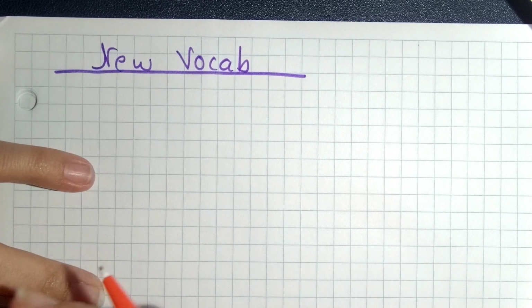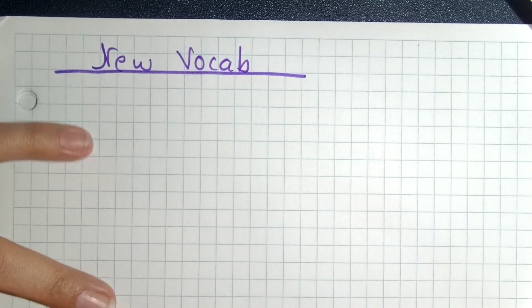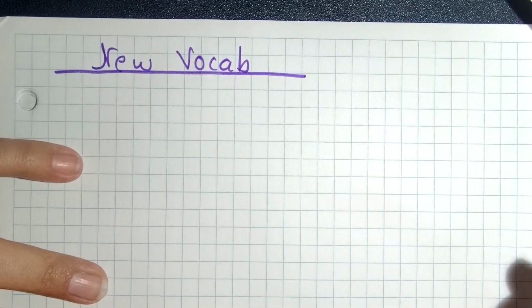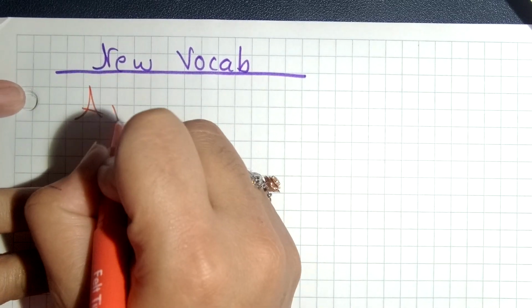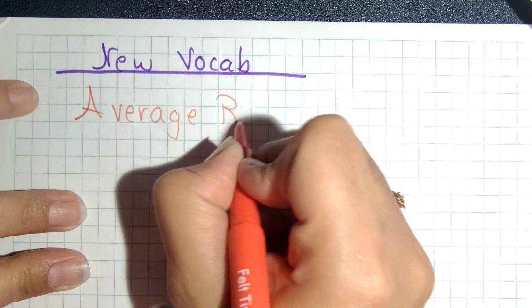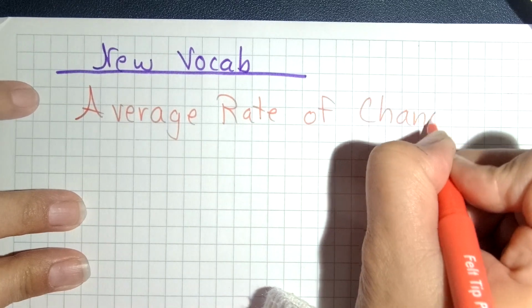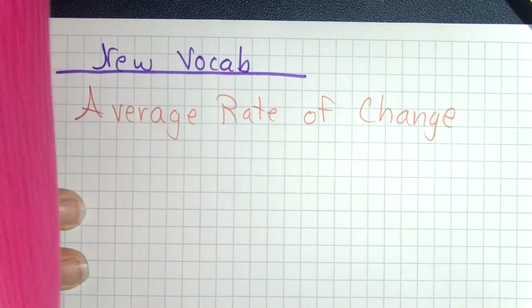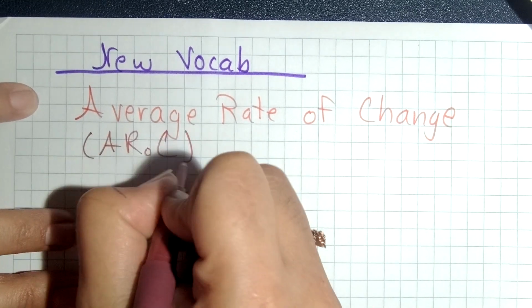Calculus deals with an unlimited number of functions or graphs. So if we want to find the slope or the rate of change between things, we need to find the average rate of change. I'm going to abbreviate this as ARoC from this point on, average rate of change.